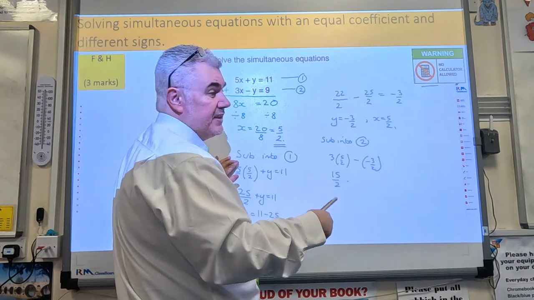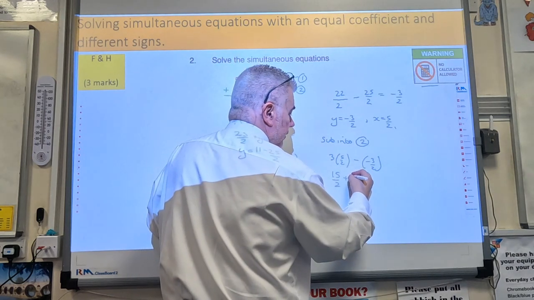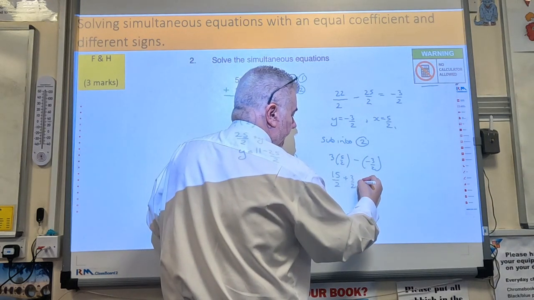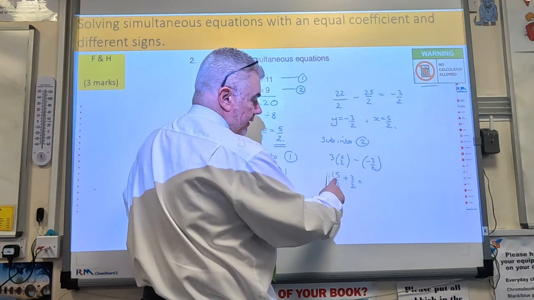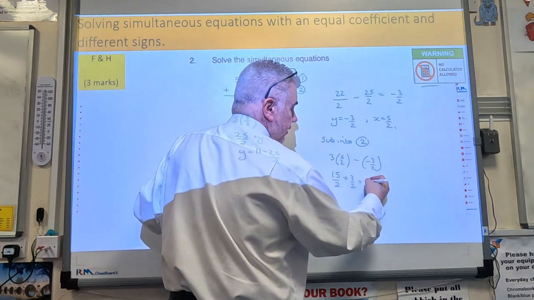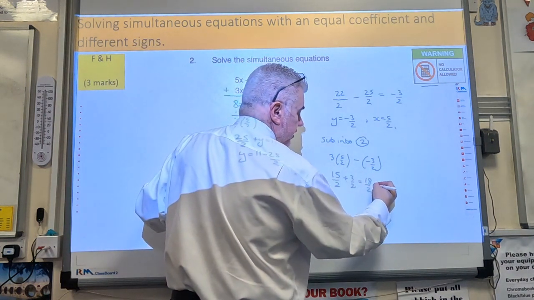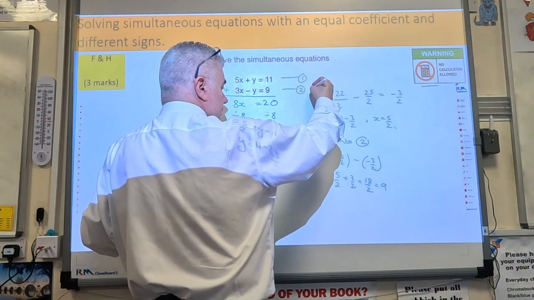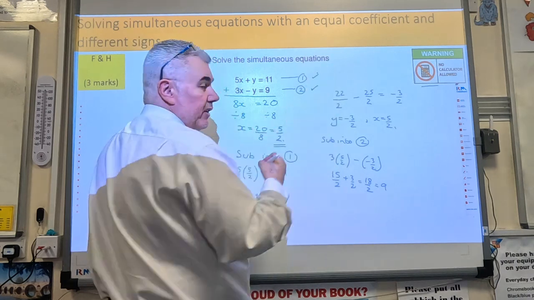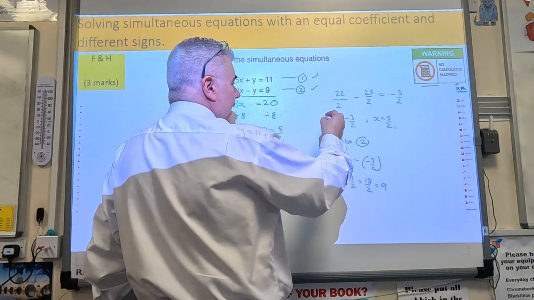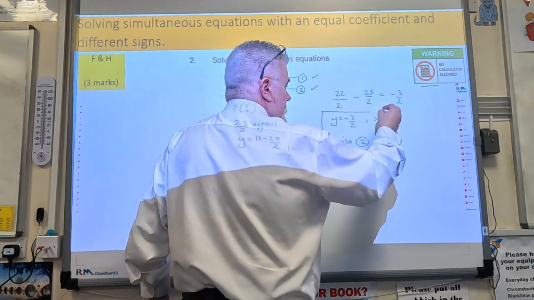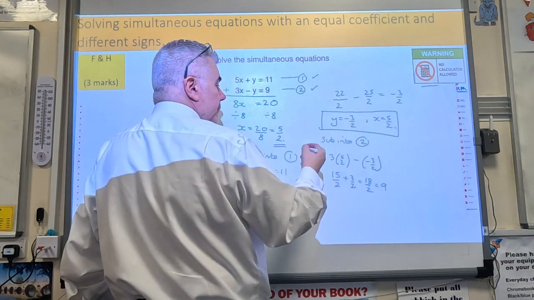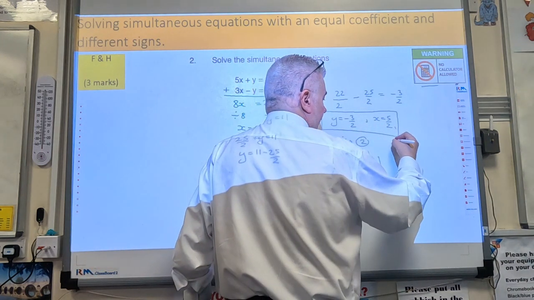Subtracting a negative is the same as adding, which gives me 15, 16, 17, 18 over 2, which equals 9. So I know that this is correct. I know that one's correct because that's the one I worked with. So my answer has to be those two values there. This was just a check.